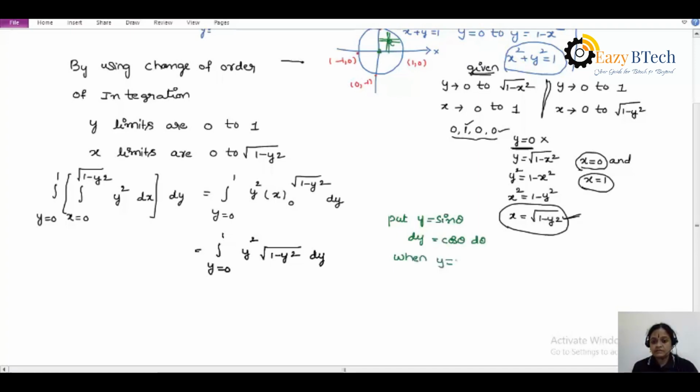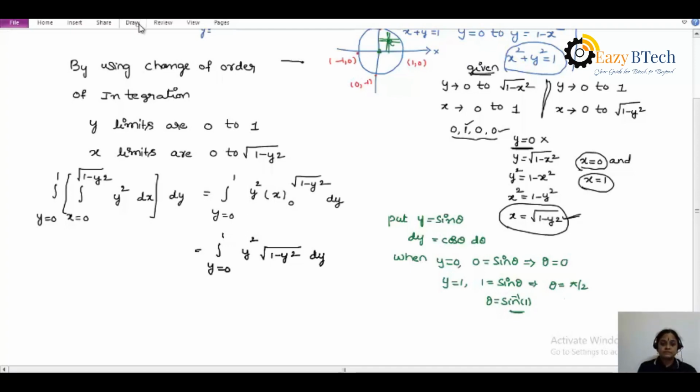When y is equal to 0, 0 is equal to sin theta, so the value of theta is 0. When y is equal to 1, 1 is equal to sin theta, so the value of theta is pi by 2. That means theta is equal to sin inverse 1, students. That's why theta is 0 to pi by 2.